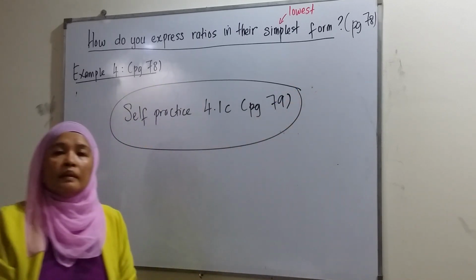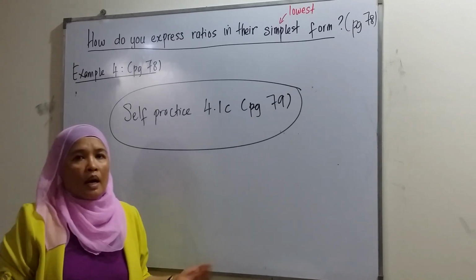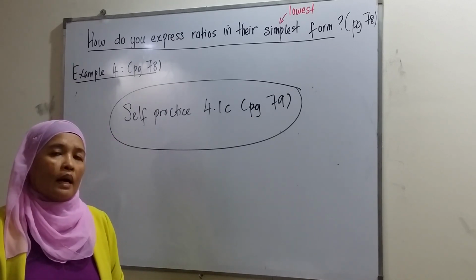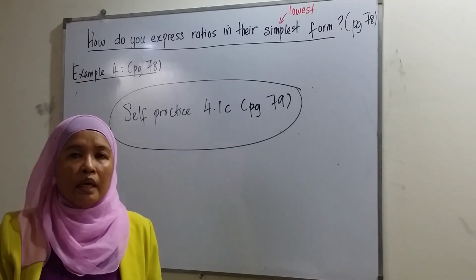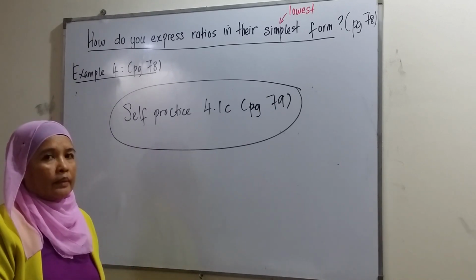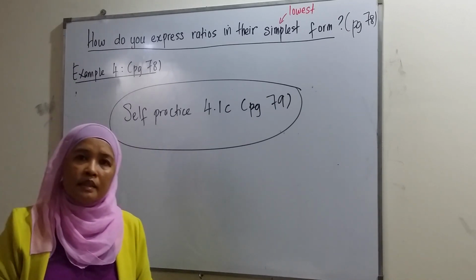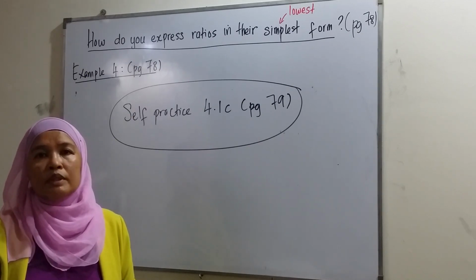Try to do the exercise. After you did the exercise, I want you to check the answer at the back of the textbook. If you get the wrong answer, I want you to try again. If you still cannot understand, you can message me and I will try to help you.